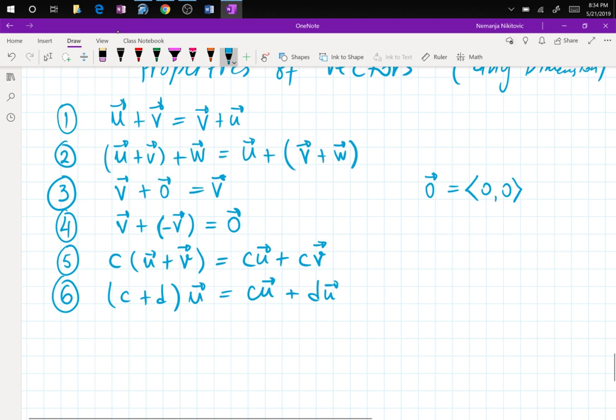Guys, the arrows that I'm placing every time, and yes, it is annoying, are not there for decoration. The reason why I don't have to specify that C is a scalar, just a number, and U is a vector, is because C has no arrow above and U does. So on your exam, every time you miss an arrow, you completely miss a concept.